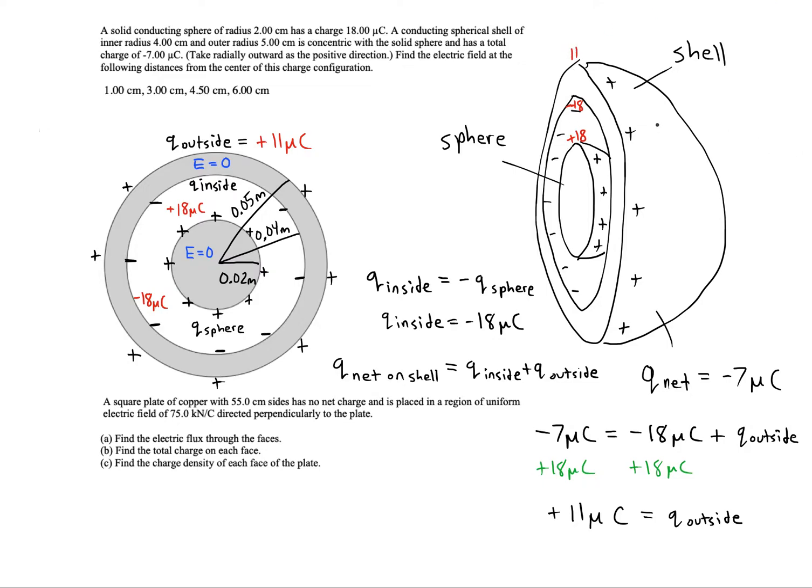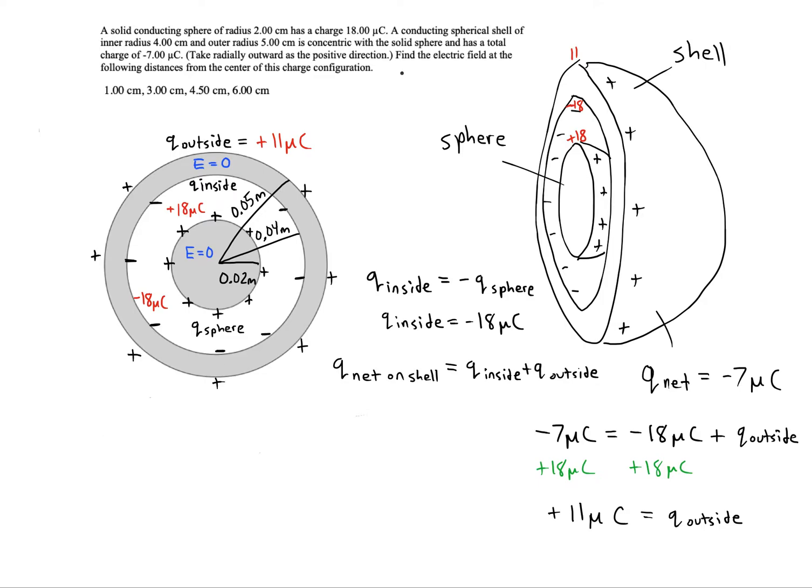We need to make sure that our work checks, that the negatives on the inside of the shell plus the positives on the outside of the shell do add to a -7 net. That looks like it checks. Now that we understand the problem, we're asked to find the electric field at 4 different distances from center.